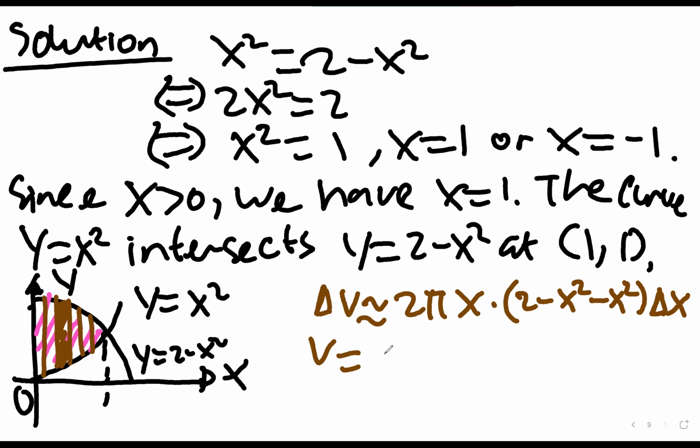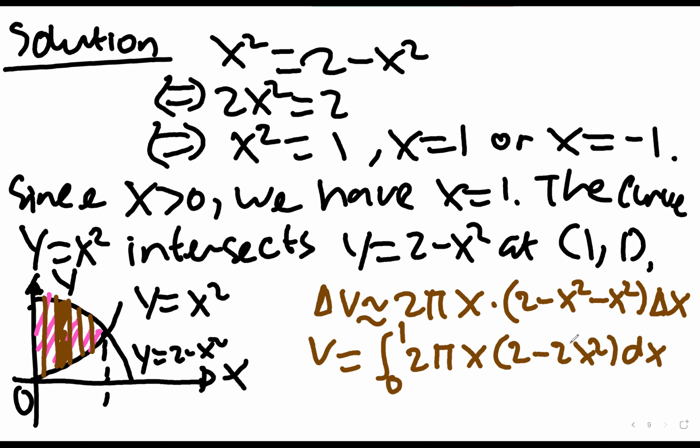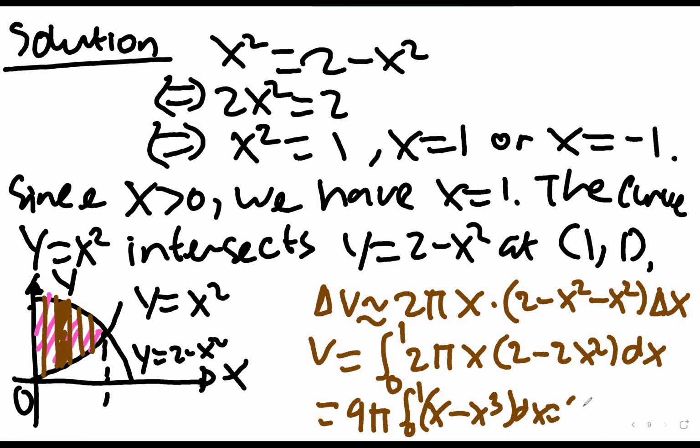And V equals the integral from 0 until 1 of 2 pi x (2 minus 2x squared) dx. And that will be 4 pi times the integral from 0 until 1 of x minus x cubed dx, which is 4 pi times x squared over 2 minus x to the power 4 over 4, from 0 to 1. Then you calculate the final answer.